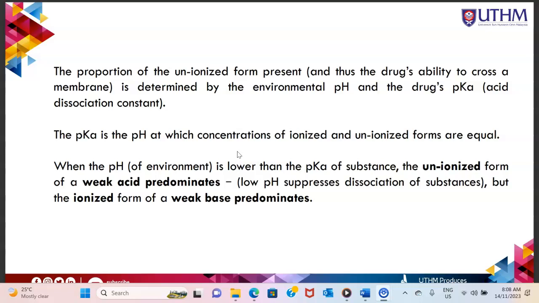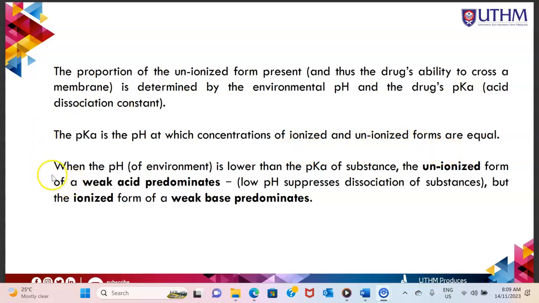In terms of the unionized and ionized forms of drugs, the proportion of the unionized form present, and thus the drug's ability to cross the membrane, is determined by the environmental pH and the drug's pKa. So the pKa is the pH at which concentrations of ionized and unionized forms are equal.